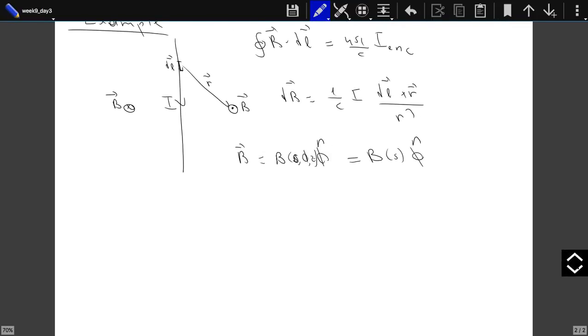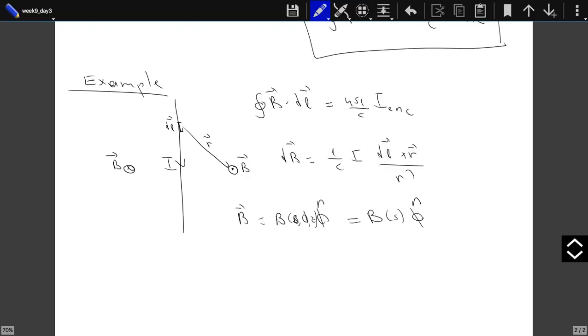So what is the collection of points for which s is a constant? A cylinder. Well, we need to have a closed loop. We can take a circle at any value of z. So we can just imagine such a circle.